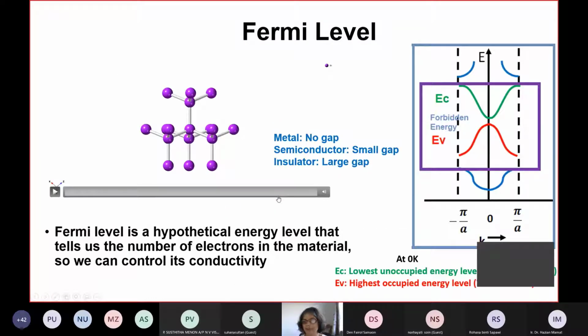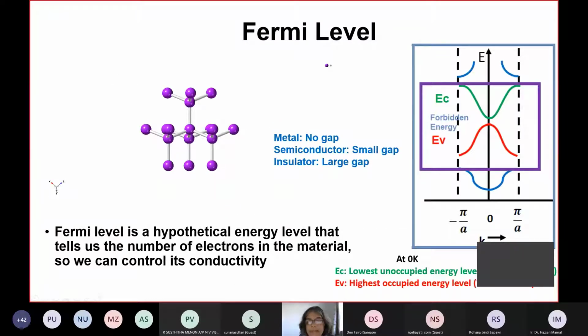Now, this takes us to the situation of what happens when we have a single atom versus a number of atoms. When we put these atoms together in a lattice, these electrons in the outermost orbit begin to interact with each other, and they have discrete energy levels that these electrons can have.